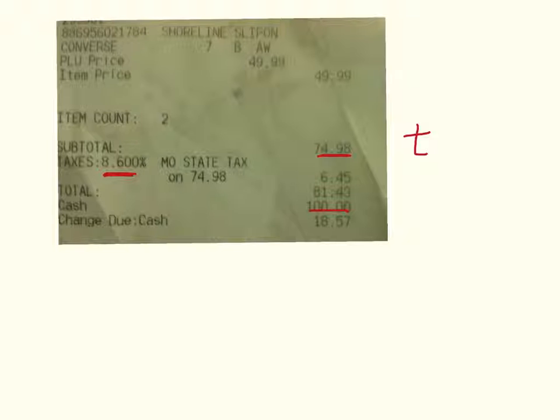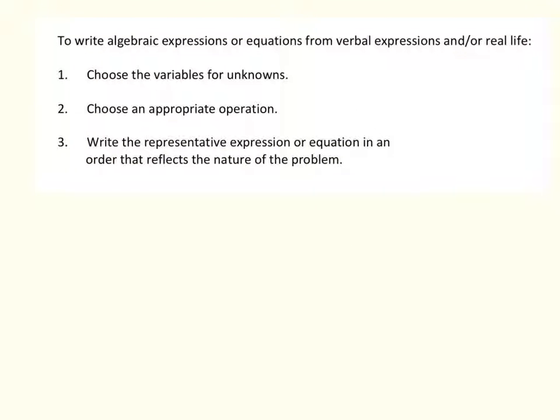And on the tax rate, I'm going to use an R again for rate. And on the cash that I paid with, I think maybe I'll use C for cash. So those are the variables I could use for that one. Once again, if you haven't written down these 3 steps, you need to go ahead and write those down on the study guide. So pause the video long enough to do that.